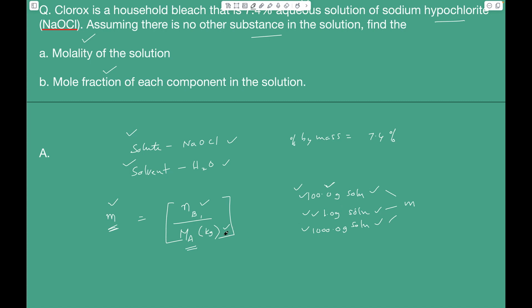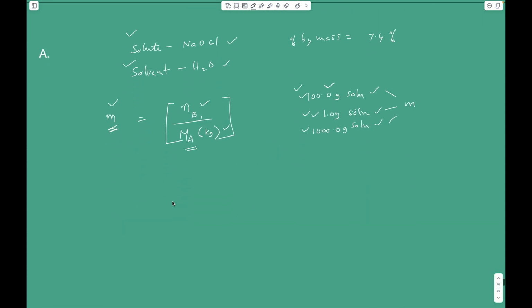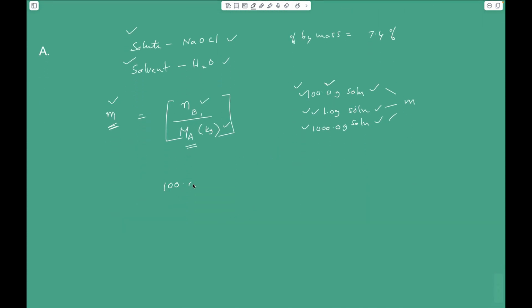Because the concentration of a solution does not change with the amount of solution taken, for this calculation, I will take 100 grams of the solution. Because I am given percentage by mass, it becomes easier for me. And the percentage by mass is given as 7.4.